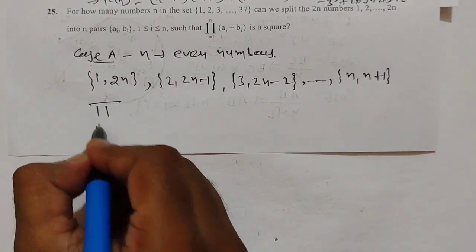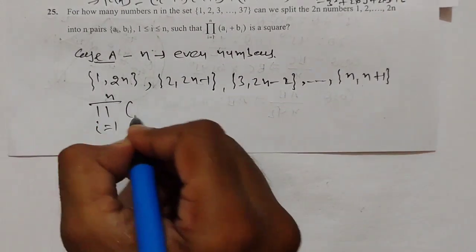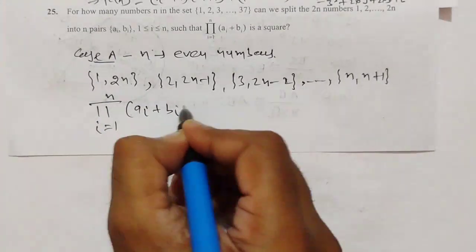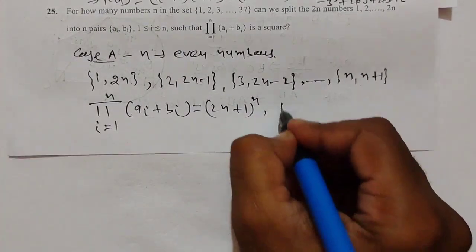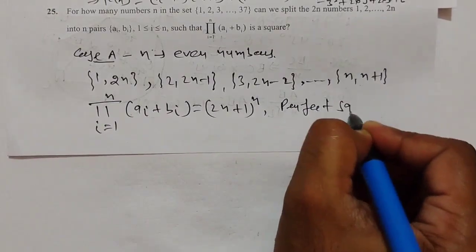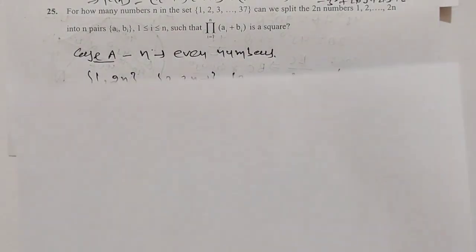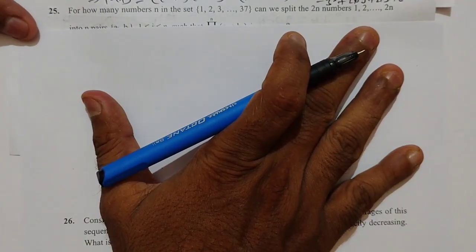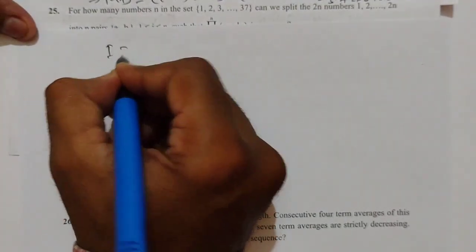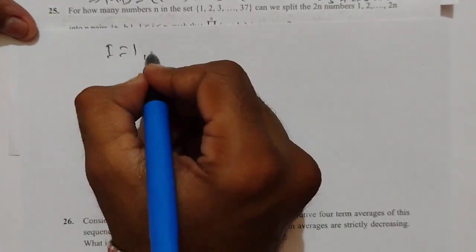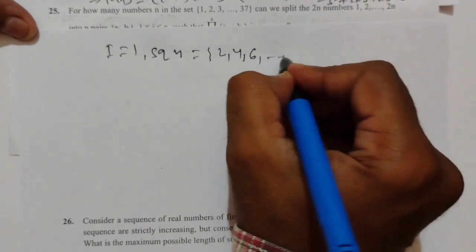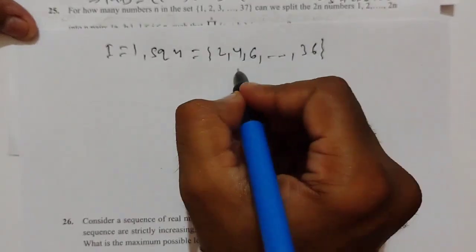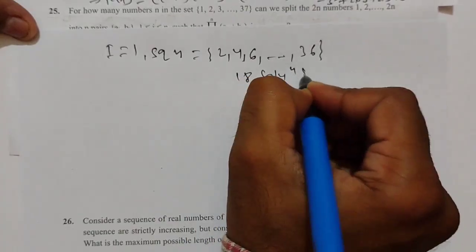This is for the product of i = 1 to n of (a_i + b_i) is equal to (2n + 1) to the power n, and this is basically a perfect square. Now here we have n equal to 2, 4, 6, up to 36, the total 18 solutions we have.